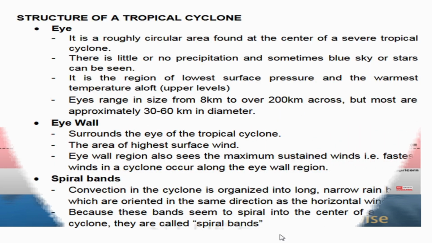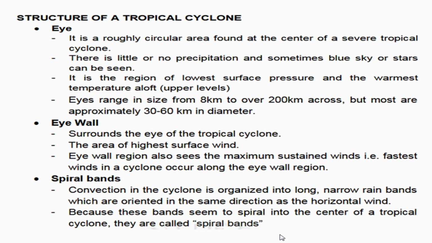Okay? So, structure of tropical cyclone. What is the structure of a tropical cyclone? First, a tropical cyclone has an eye. It is a roughly circular area found at the center of a severe tropical cyclone. There is little or no precipitation, and sometimes blue sky or stars can be seen. The sky in the eye is clear.